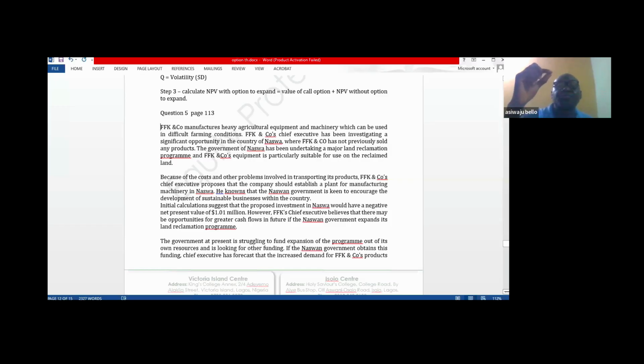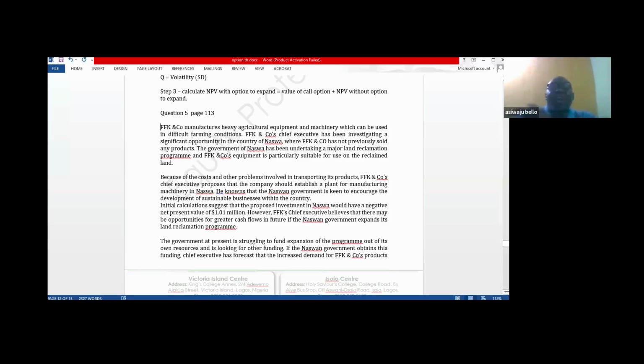Initial calculation suggests that investments in Naswa will have a positive net present value. Look at it. If you make investments in Naswa, we are going to get a negative net present value of 1.01 million.